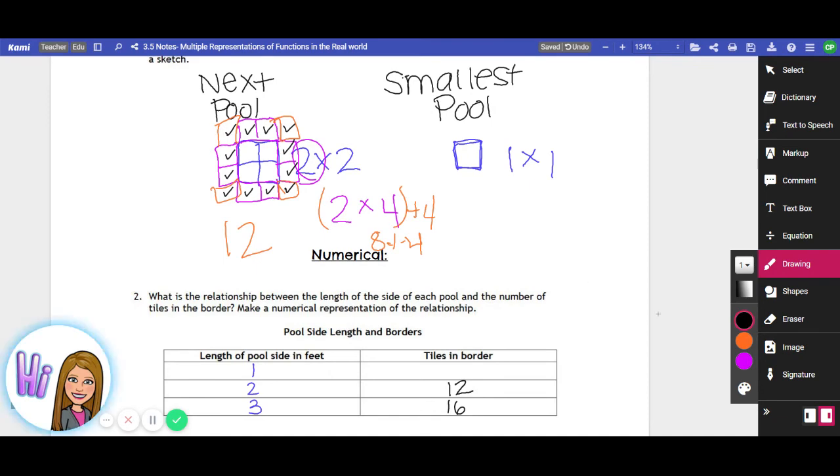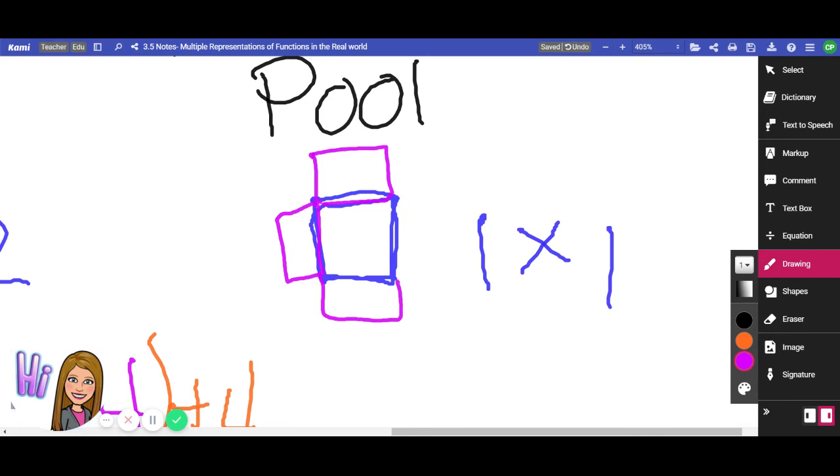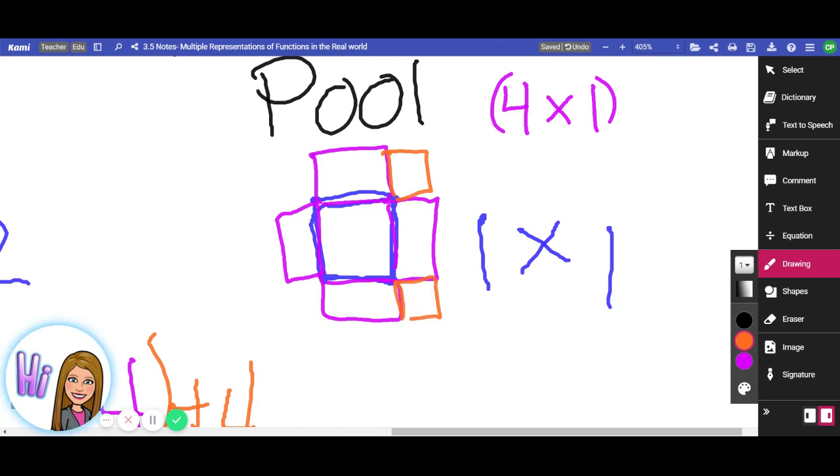And then when our pool side had a side length of just 1, again, we've got 4 sides where we can put it right up against the edge. So this time we've got 4 of those, but they're only 1. The side length is only 1. But then we would have to add in the 4 corners. So no matter how small we get, we're still going to always have 4 corners.